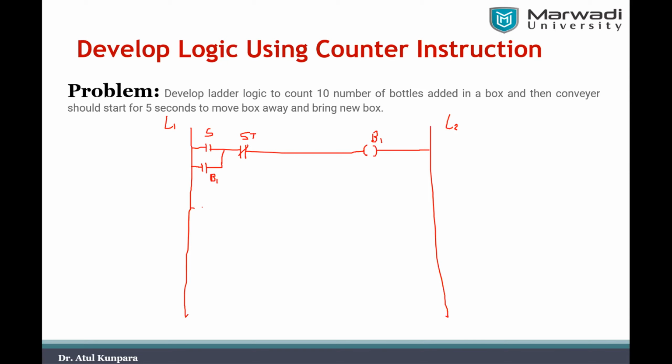Okay. Now whenever your B1 is on, you can add one more sensor input here. Right? Let me say I'm giving here P1. P1 is the proximity sensor, and that proximity sensor will be giving the input to your counter. So here is your counter.